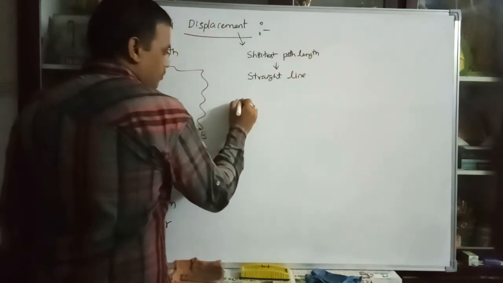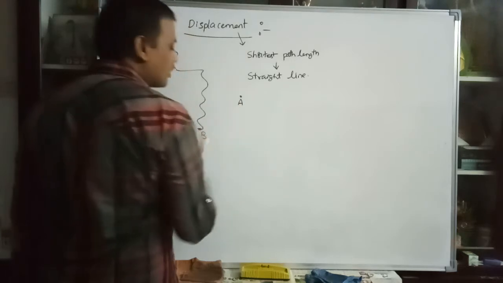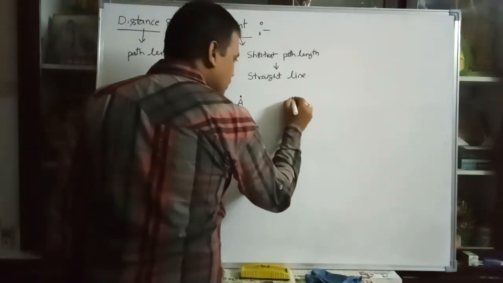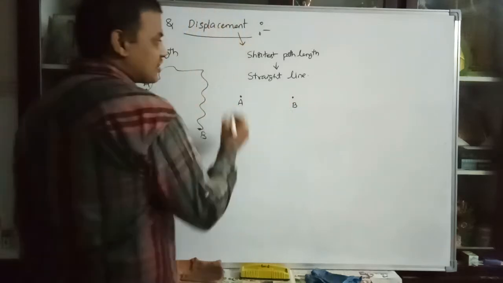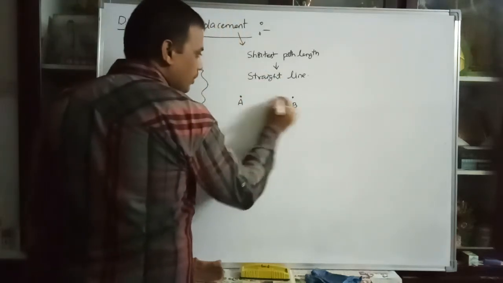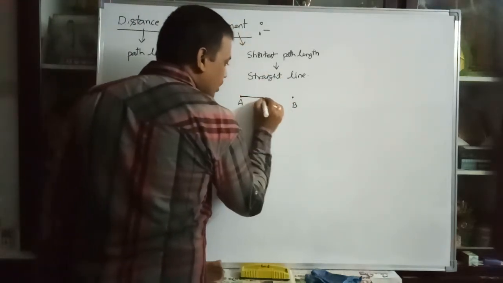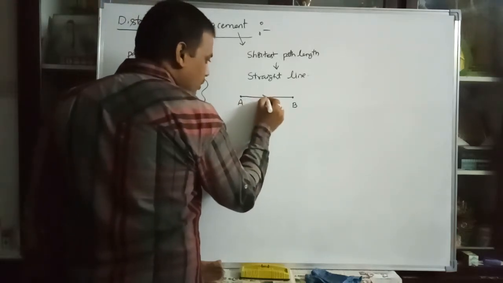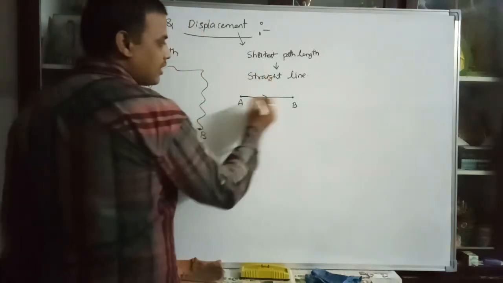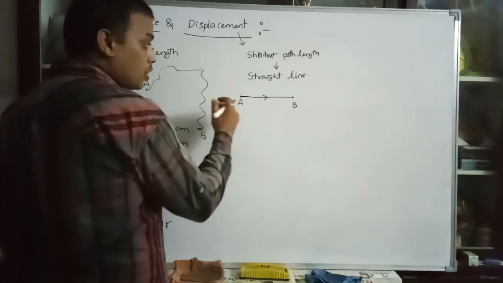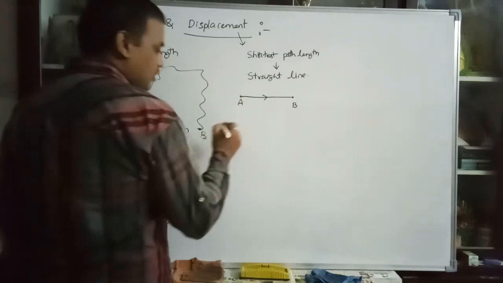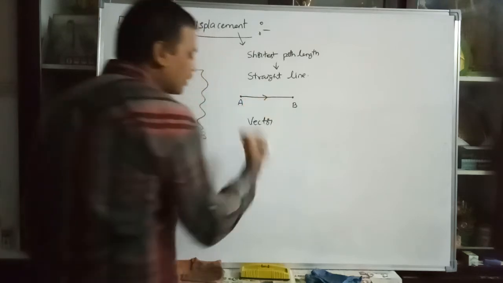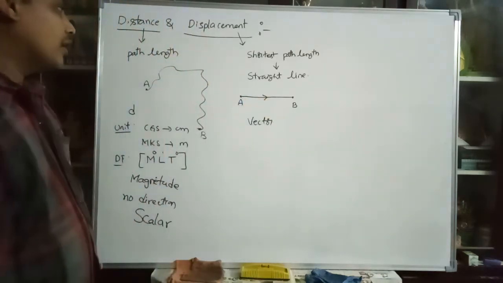Suppose first one person starts at the point A. After a certain time interval, he reaches the point B. So the shortest line, from A to B, initial to final point, the shortest path, is nothing but a straight line. So the person traveling from A to B has direction and magnitude. Both direction and magnitude are there. Then displacement is a vector quantity. Displacement is a vector quantity.